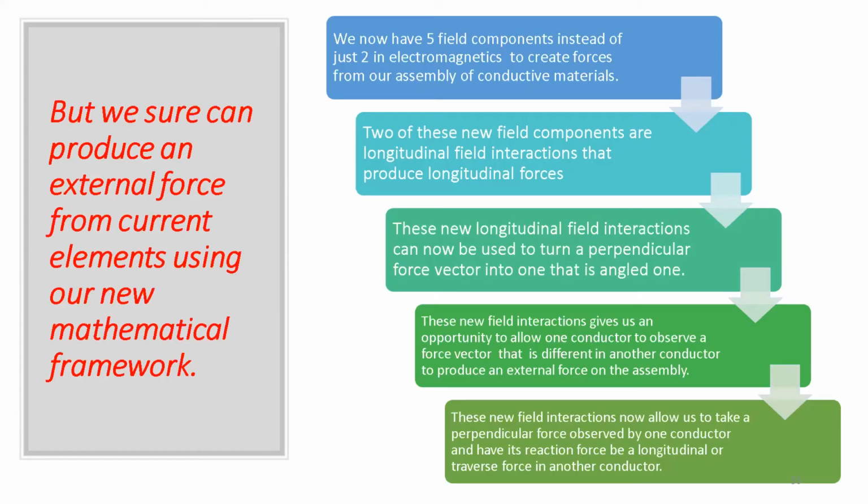These new field interactions allow us to take the perpendicular force from one conductor and have its reaction force be a longitudinal force or a transverse force, which would be force in the material. So you would be able to take an assembly that generates an external force, and its reaction force would really be absorbed by the material. And that's all been written out of electromagnetics.